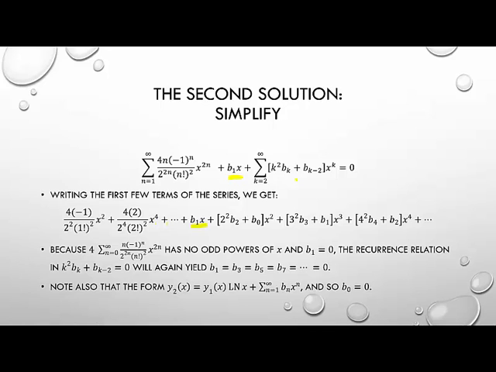Now if we expand this, when k is equal to 2, k is equal to 3, k is equal to 4, etc. Now a few observations here. This series has no odd powers, and every other x that we see here is x squared, x to the 4th.